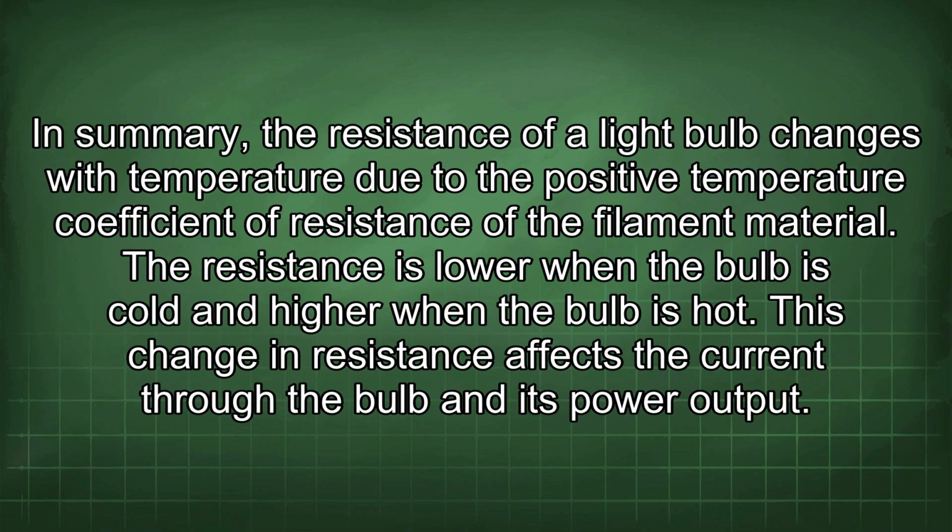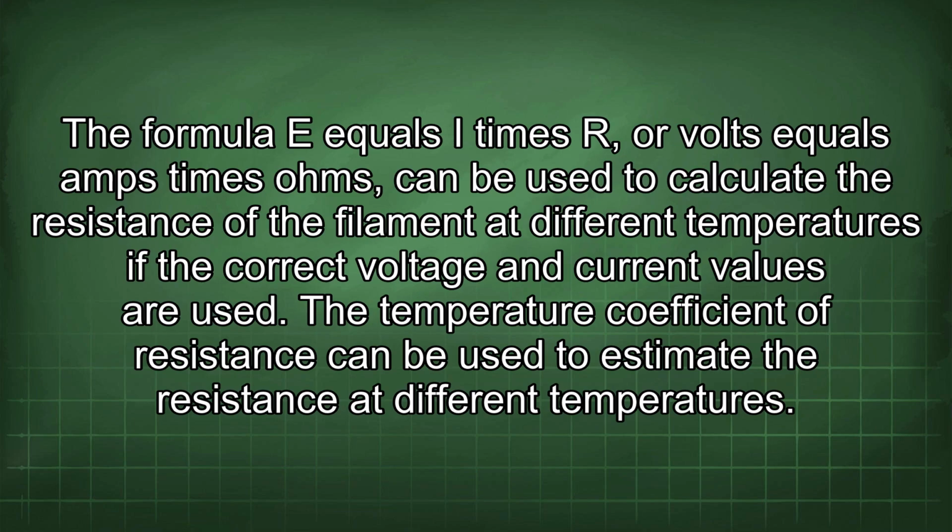In summary, the resistance of a light bulb changes with temperature due to the positive temperature coefficient of resistance of the filament material. The resistance is lower when the bulb is cold and higher when the bulb is hot. This change in resistance affects the current through the bulb and its power output. The formula E equals I times R, or volts equals amps times ohms, can be used to calculate the resistance of the filament at different temperatures if the correct voltage and current values are used.